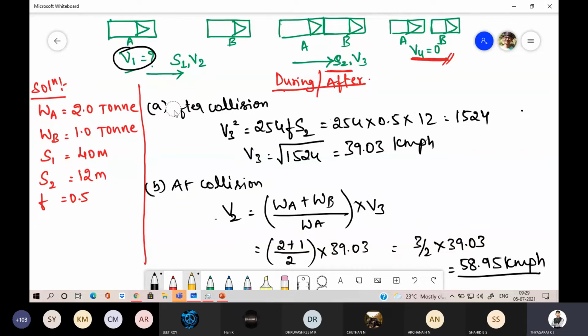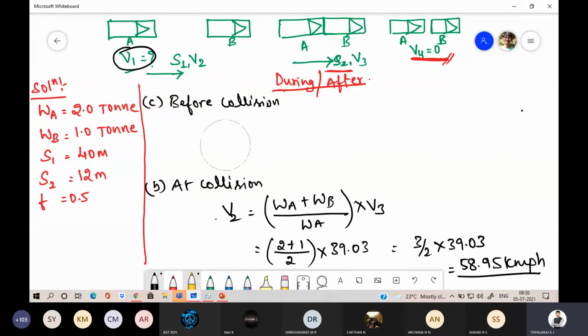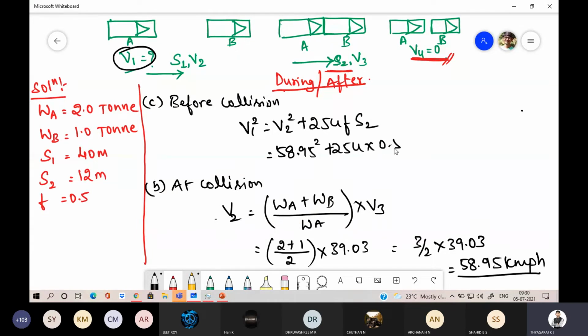Kindly note down parallelly. Before collision, you know the formula: V1 square is equal to V2 square plus 254 F S1. So V2 square we know, 58.95 square, plus 254 into F is 0.5, into S1, which is equal to 40. So we will get V1 square.